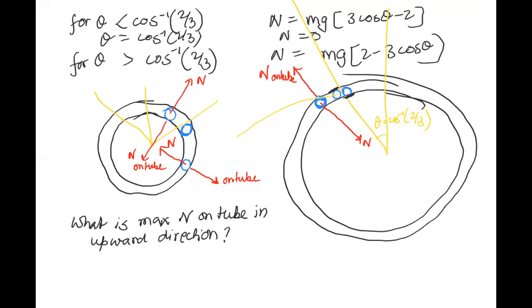I want the maximum normal reaction on the tube in the vertically upward direction.